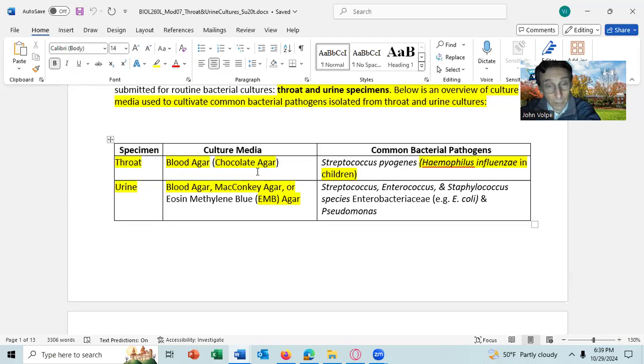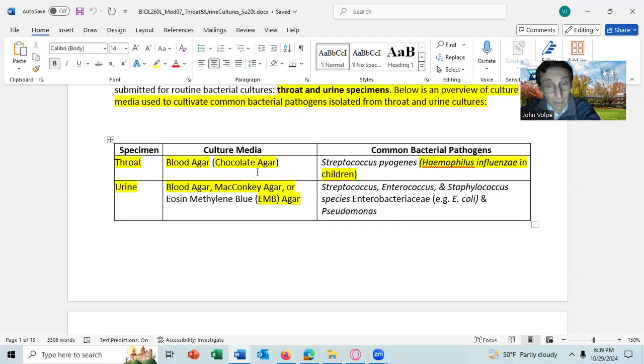For urine cultures, we always grow it on blood agar and then either MacConkey's or EMB because the main bacterial pathogens in a urine culture are gram negatives. E. coli is the number one human pathogen in a urine culture, but there's also members of the family Enterobacteriaceae and Pseudomonadaceae, which are frequently in urine cultures.